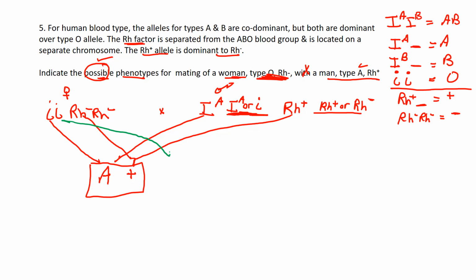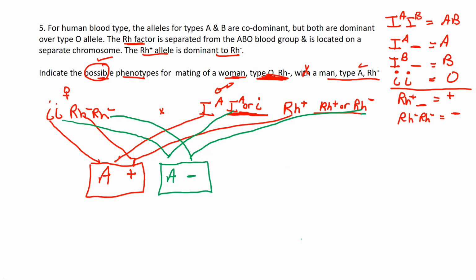If he contributes, let's say, and it doesn't matter which one, this I^A, we know that baby's going to be A blood again, but take a look at this. If she contributes an RH negative, which is all she can, and we know that one of his possibilities for his RH factor is RH negative, well, if he donated that in his sperm, that baby could be A negative. So that is another possibility.